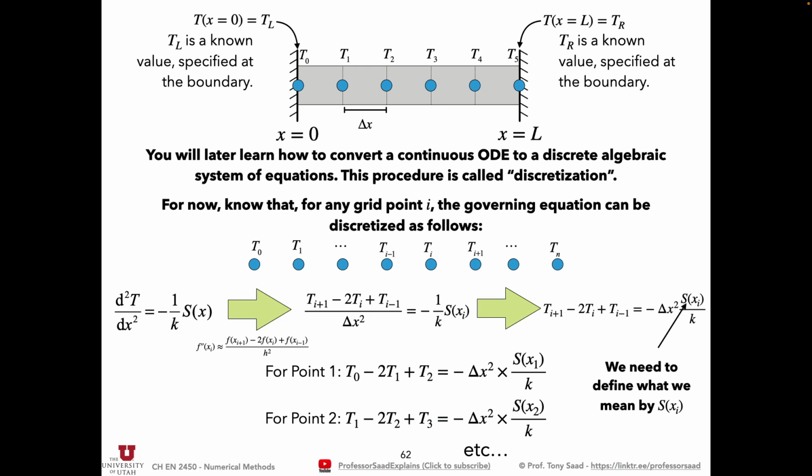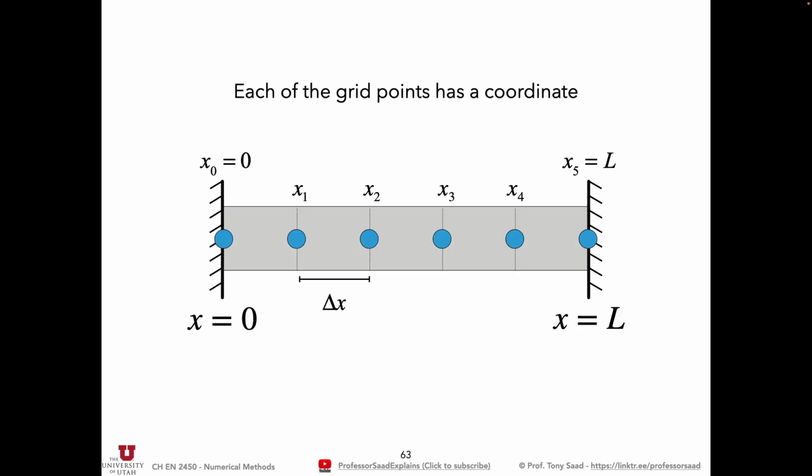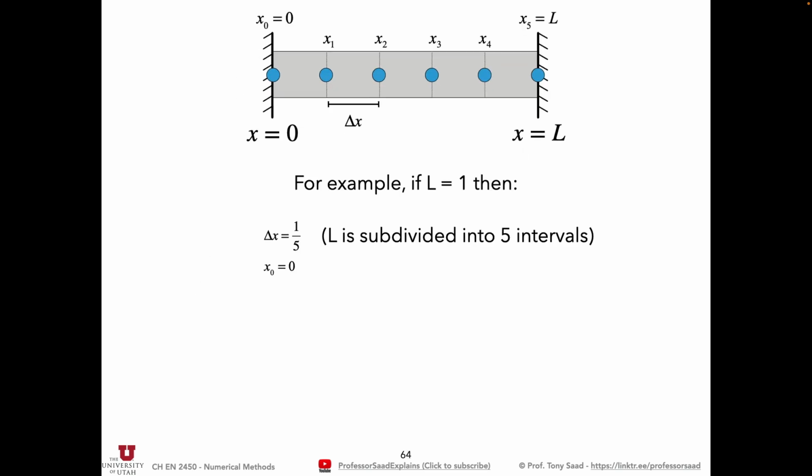That's simply the source term evaluated, because S is a function of location on the rod, right? It changes based on where you are on the rod. And so the same way you assign temperature values, you can assign positions on the rod. And those are easy to calculate, right? Because you say, okay, I want 5 points or 10 points or 100 points on this rod.